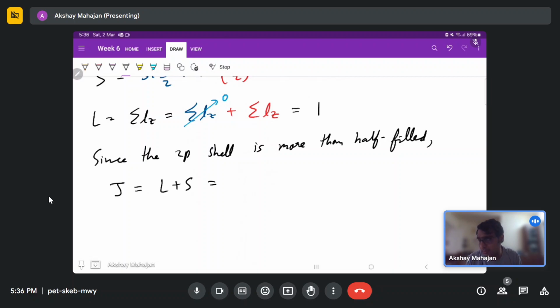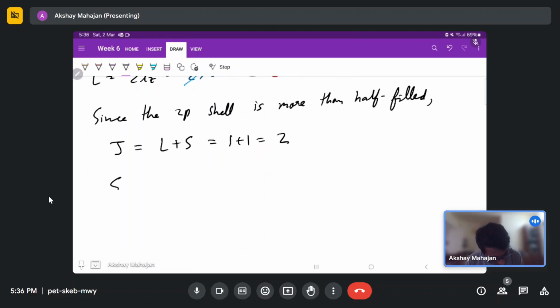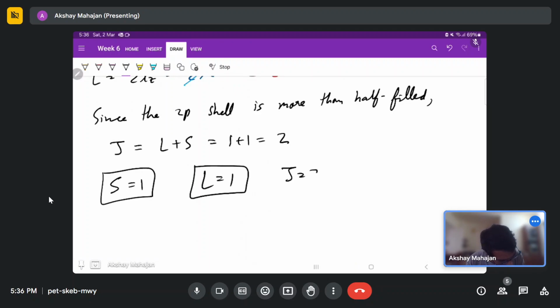So J is equal to L plus S, which is 1 plus 1 equals 2. So we have S equals 1, L equals 1, and J equals 2.